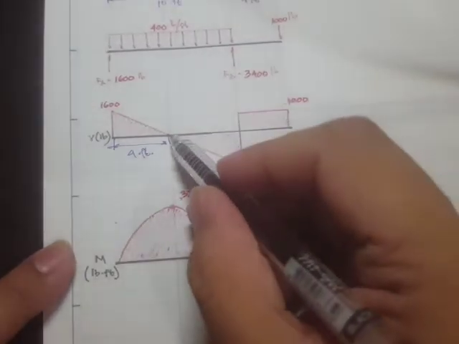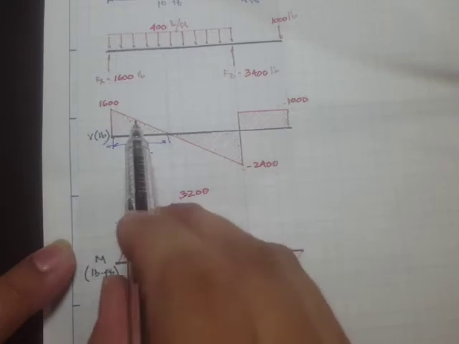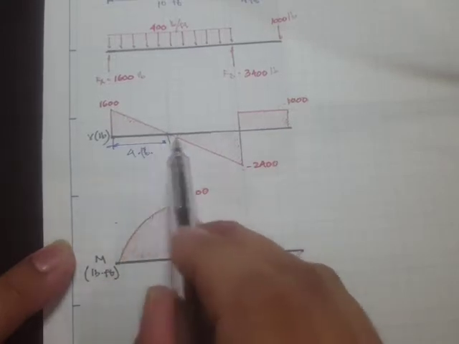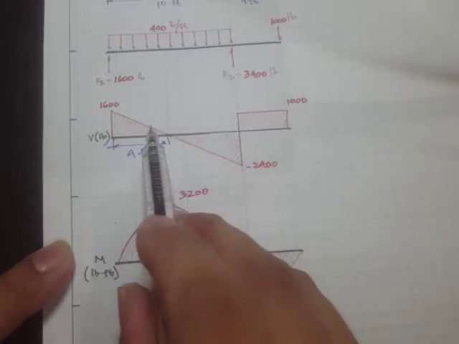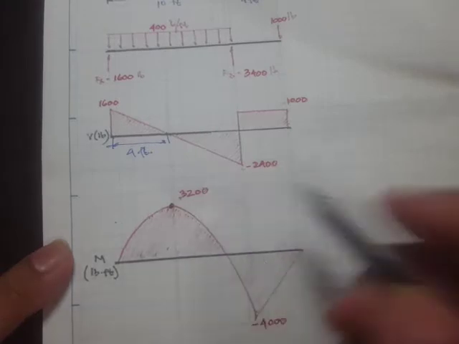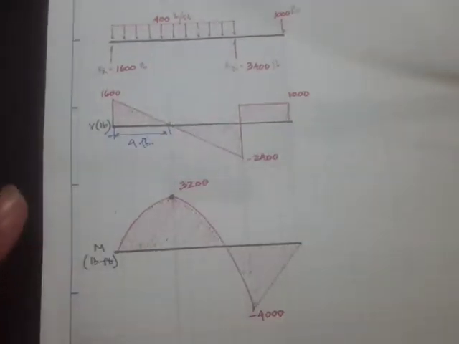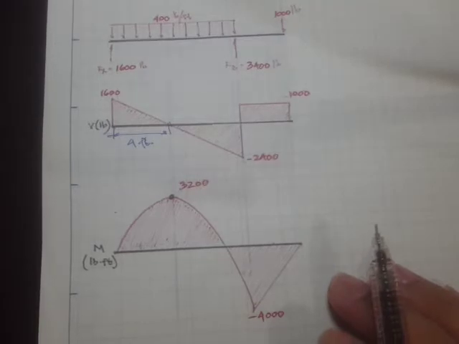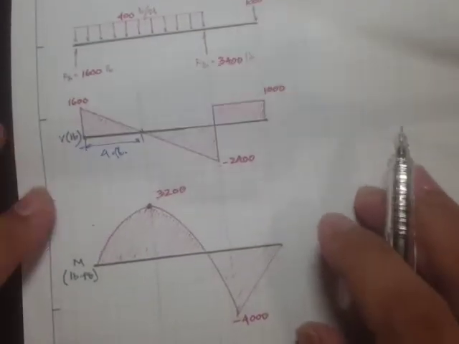The maximum point is where the maximum moment would be, where the shear is zero, or where the shear crosses from positive to negative, or negative to positive. So that's one point. That's the local maxima or minima, from the subject of calculus.